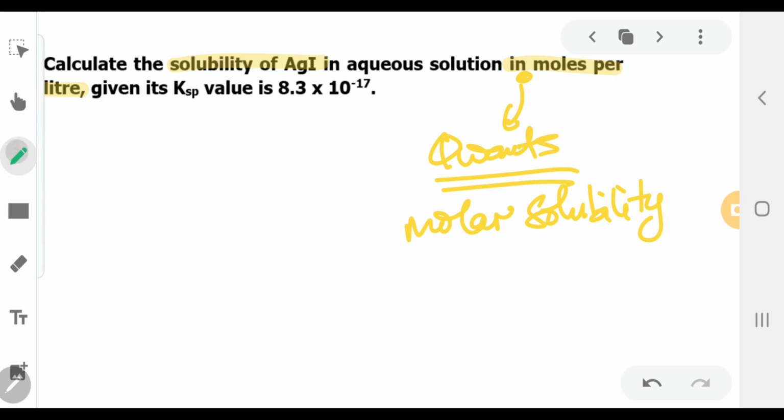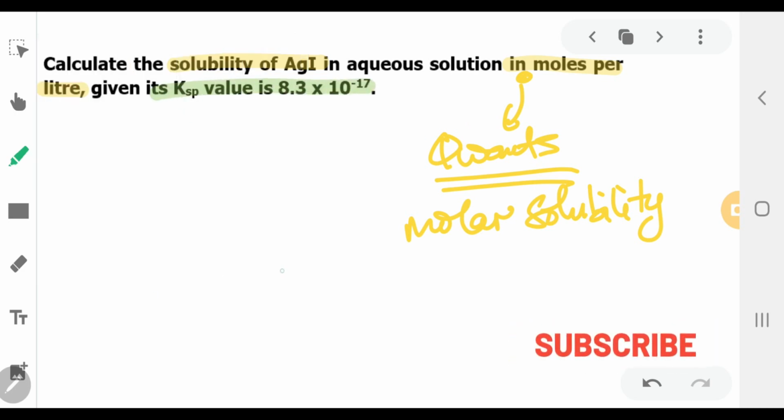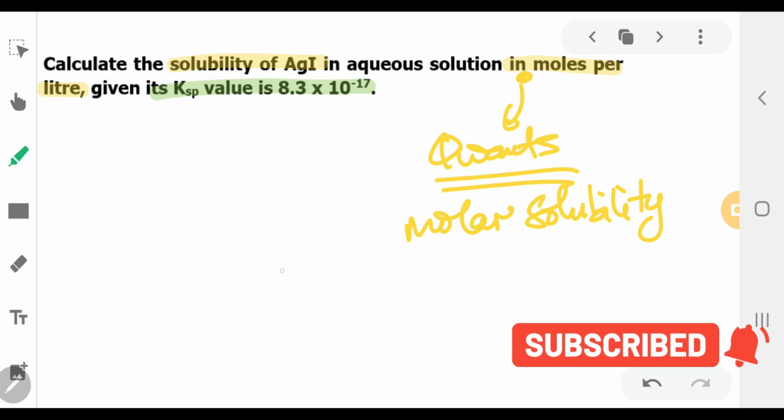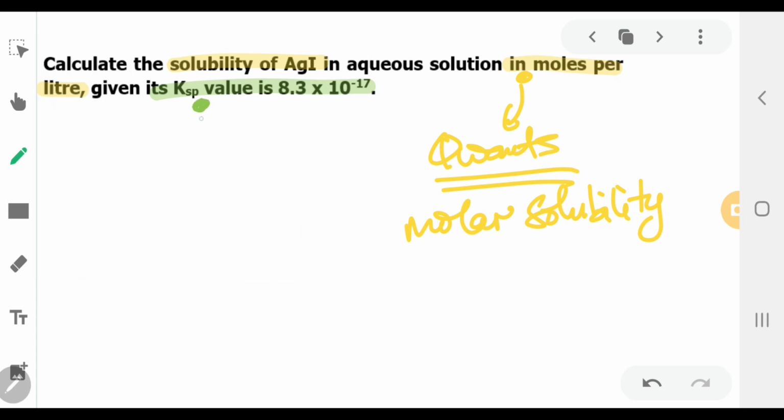And the question gives the KSP value, 8.3 times 10 to the negative 17. So this is what the question gives.